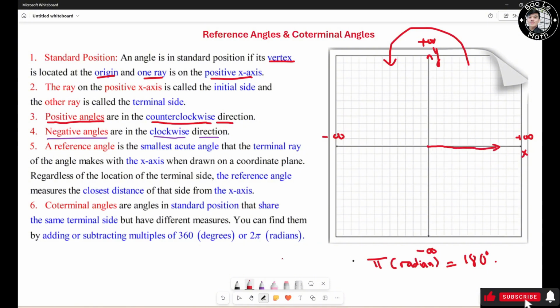Alright. Now, if the terminal ray and the negative x-axis overlap, then the angle is going to be 180 degrees or pi, right? If the terminal ray and the negative y-axis overlap, then the angle equals 270 degrees or 3 pi over 2.